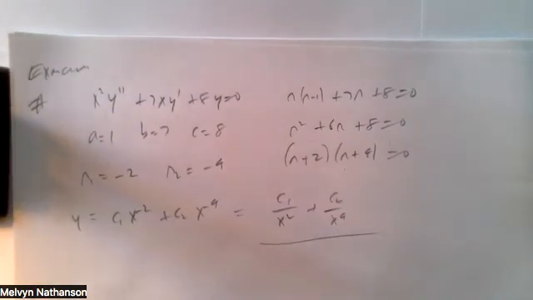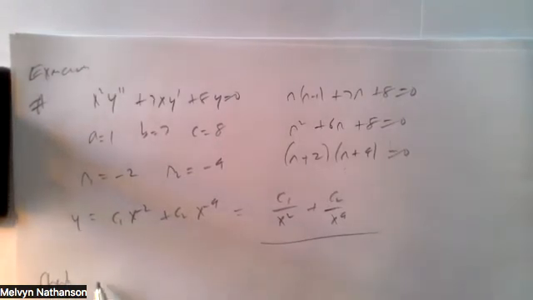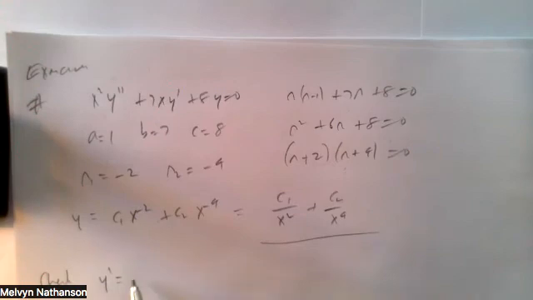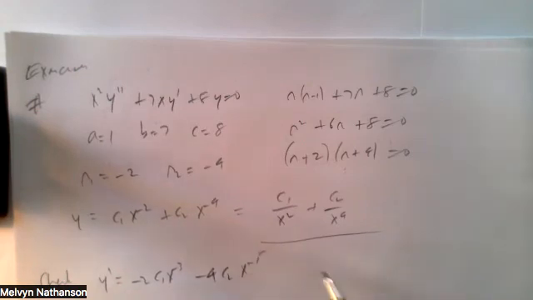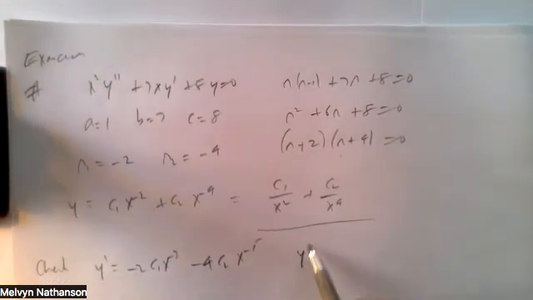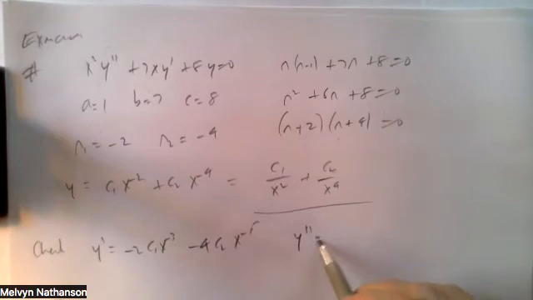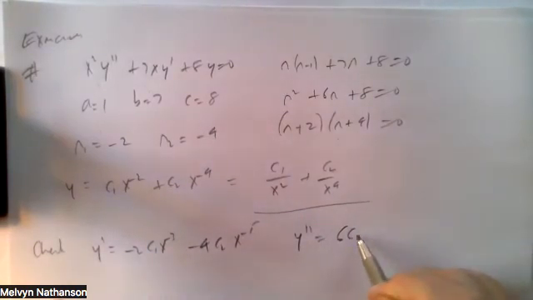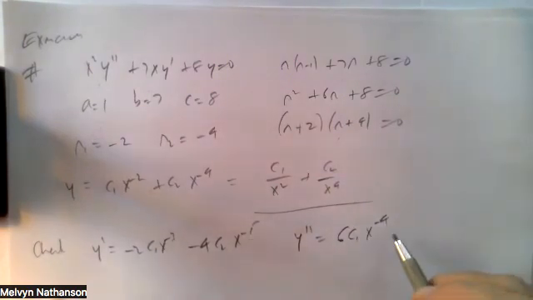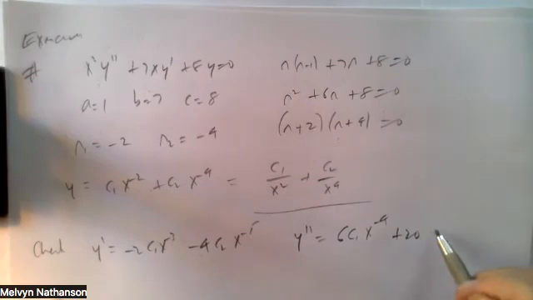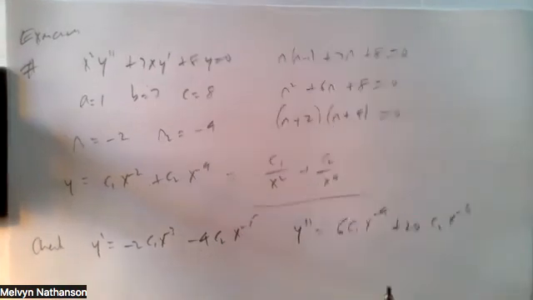Let's check. Y prime is -2 C1 x to the -3 minus 4 C2 x to the -5. Y double prime is -2 times -3, 6 C1 x to the -4, minus 4 times -5, is plus 20 C2 x to the -6.